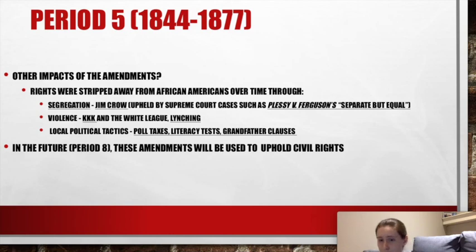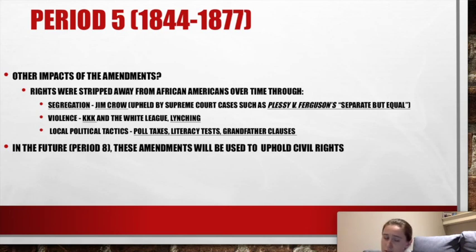The Supreme Court is going to uphold segregation and make segregation legal in the South, as well as we're going to have violence within the South, the KKK lynchings, in an attempt to terrorize freedmen into not using their newfound rights. In addition, we're going to have political tactics such as poll taxes, literacy tests, grandfather clauses, in an attempt by white elites to limit the newfound rights of African Americans.